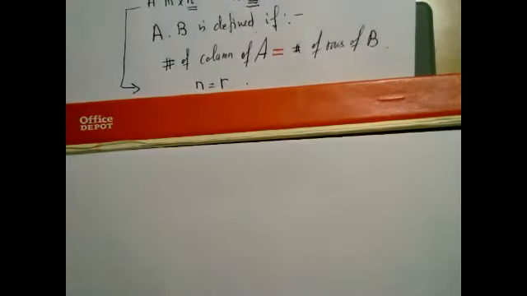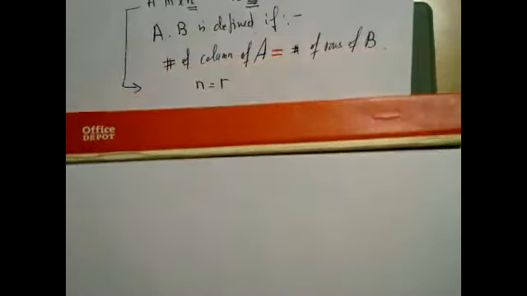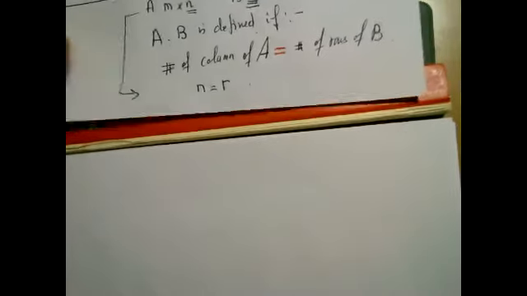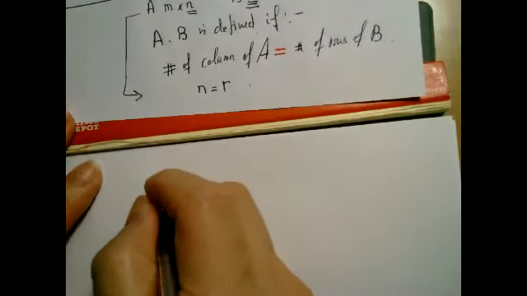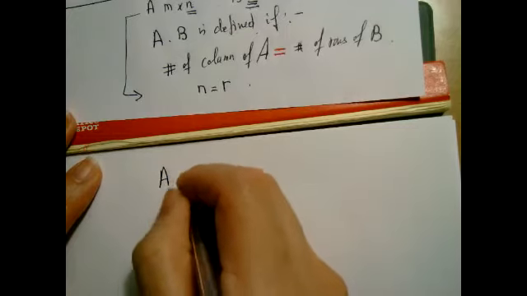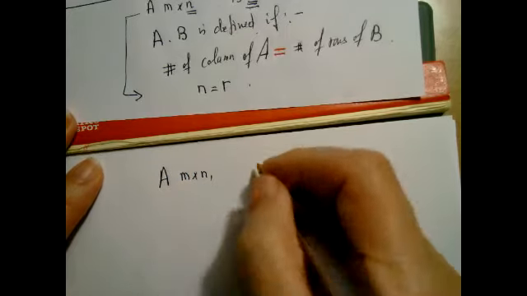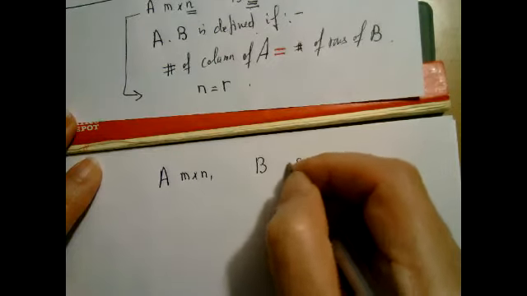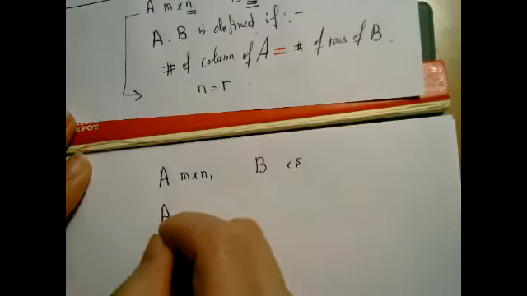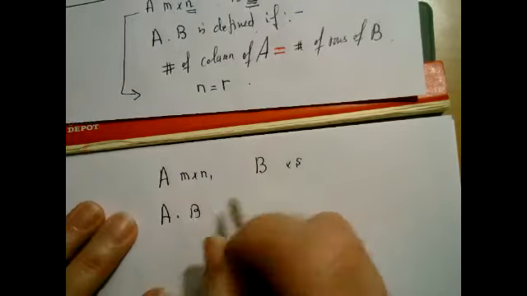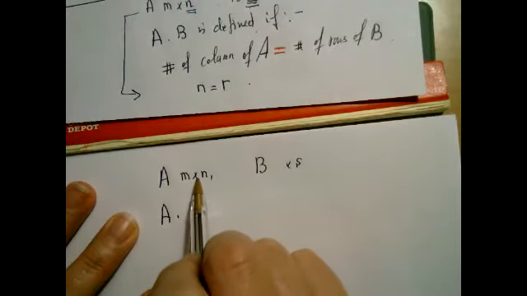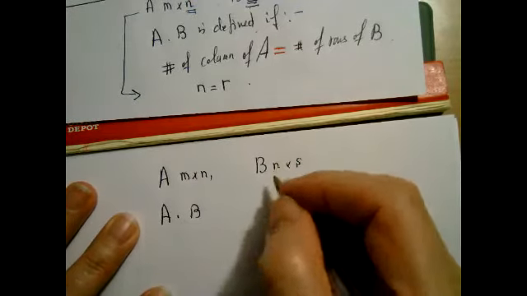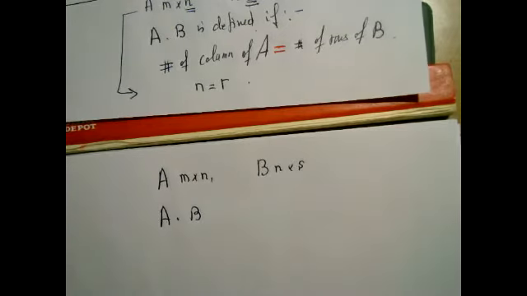Suppose A is m by n, and I want AB to be defined. I want this to make sense. For this to make sense, B has to be n by s. Otherwise, it doesn't make sense.